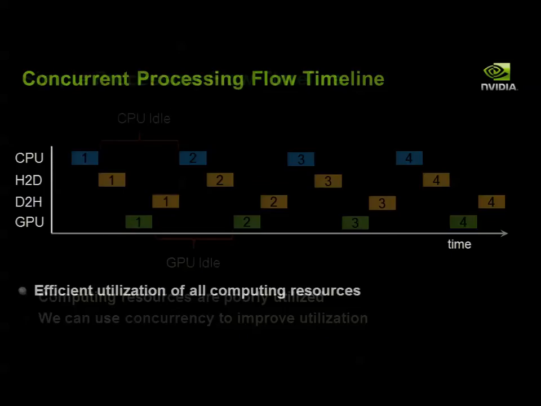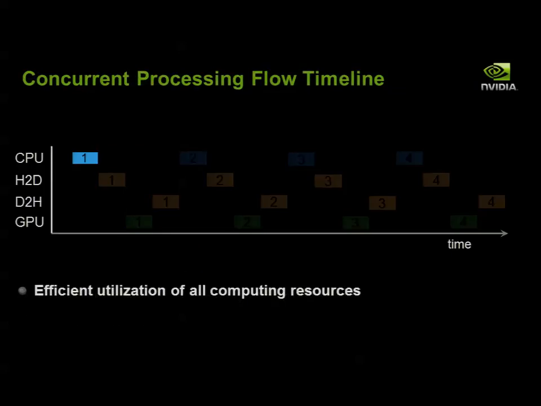So what you really want to do is start out with the CPU computation, do the host-to-device transfer, and now do the CPU computation for the next chunk, for the next part of your work.